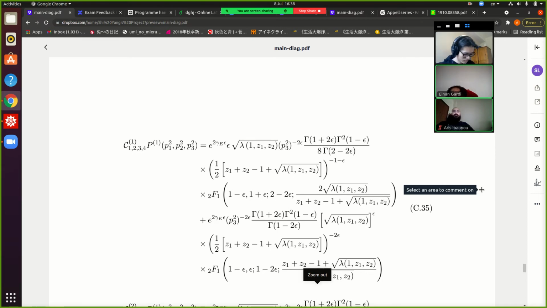For the expansion, it's always good to write it in terms of z and z bar, not this z1 and z2. Is it clear? I mean, I'm talking too much.